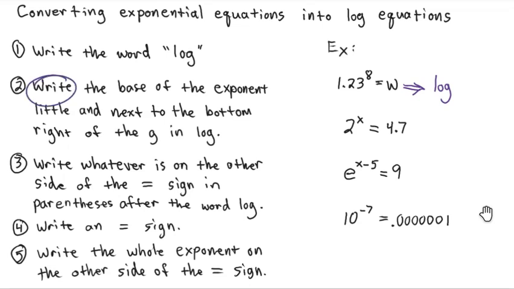It says write the base of the exponent, little, next to the bottom right of the g in log. Here's the g in log, and the bottom right is right here. So right down here we're going to write the base, which is 1.23.